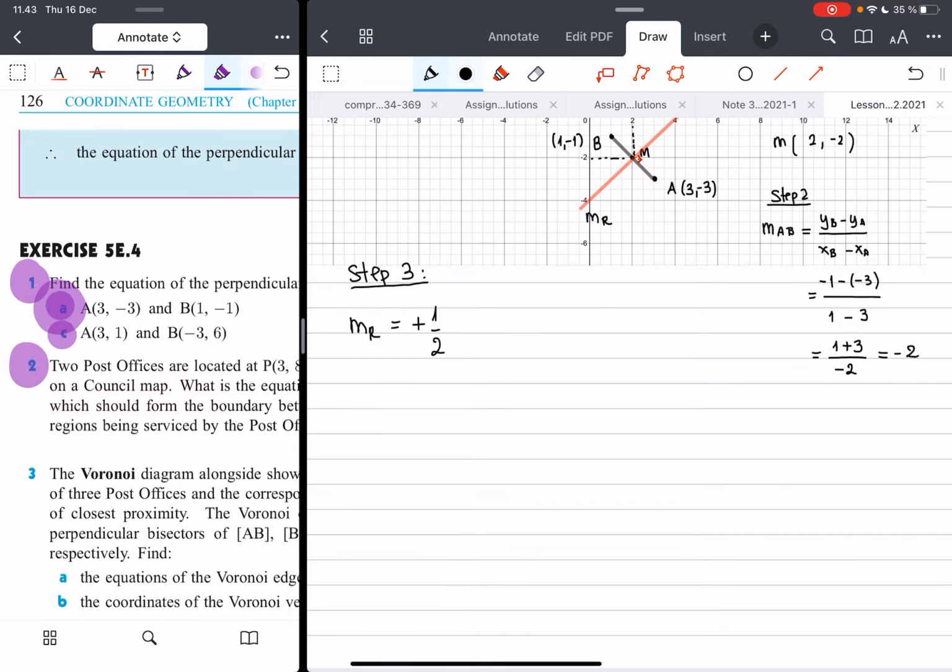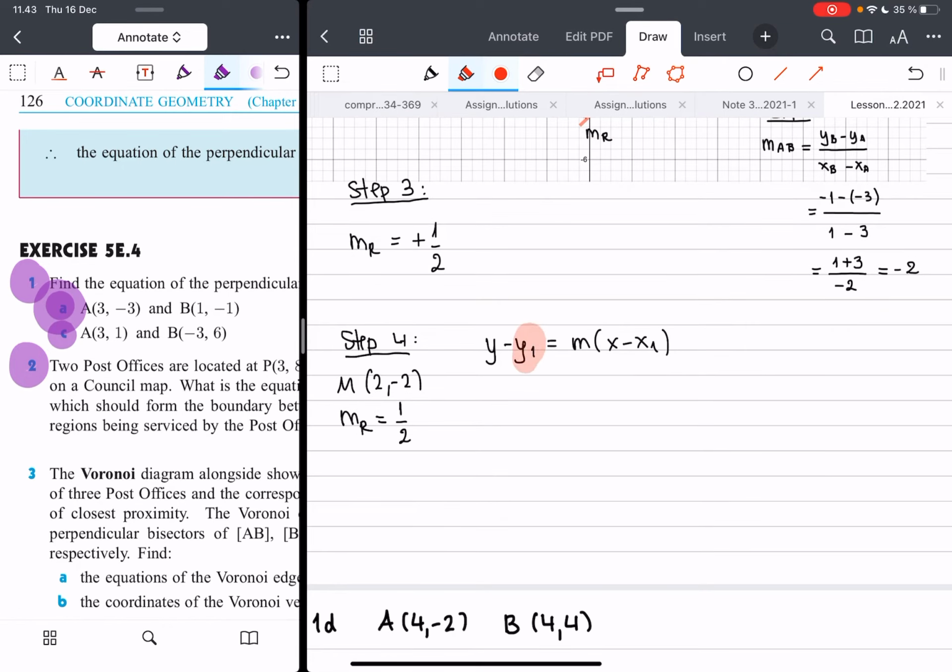You're almost there. Then step 4 and last step is that you have to write the equation for the red line. And you know that the slope of the red is 1/2, as we found before. And a point that is a part of the red line is the midpoint that you found before, (2, -2). So now wherever you see y1, you put the -2.